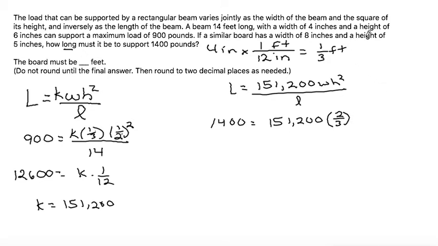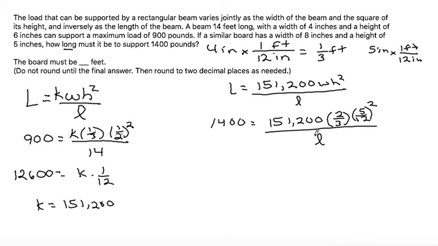And then the height is 5 inches, so that would be 5 inches times 1 foot over 12 inches would be 5 over 12 feet. So let's plug in 5 over 12 for the height and make sure to square that. And then the length is what we're looking for.